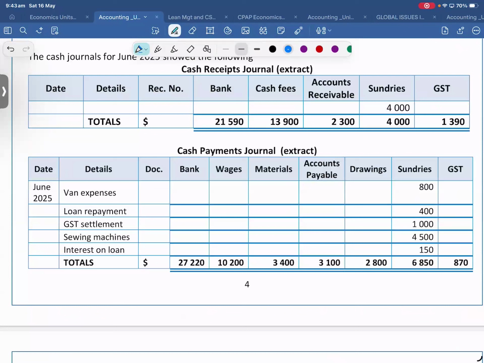Wages is 10,200. Is it going to cash flow statement or income statement or both?